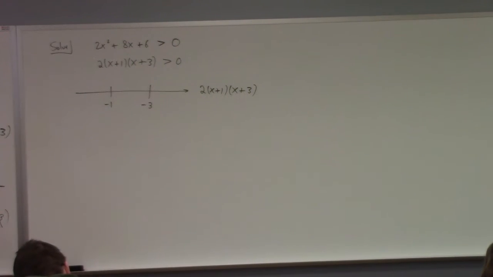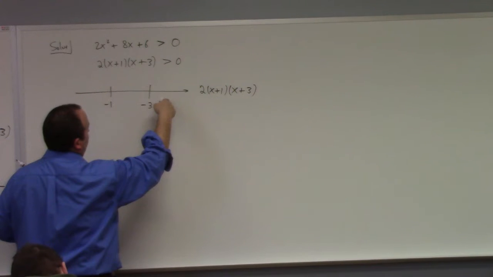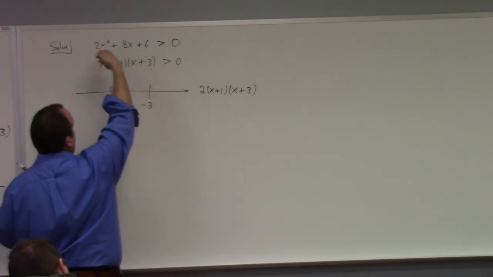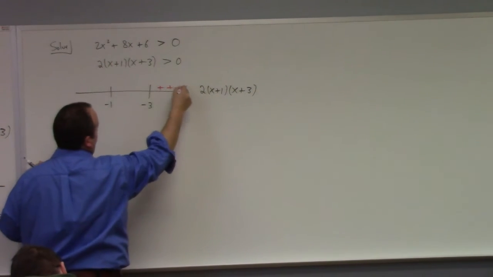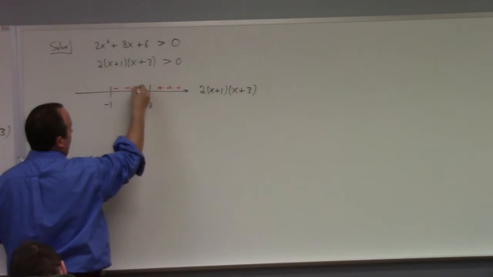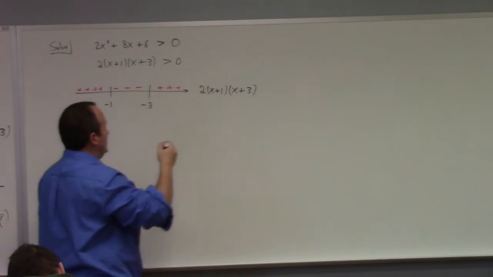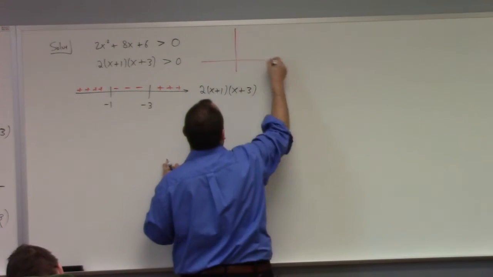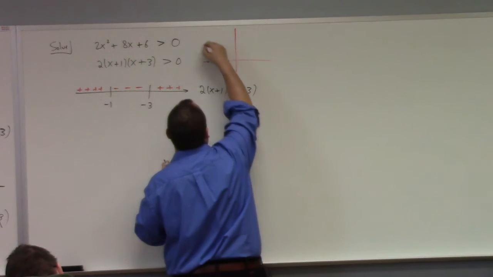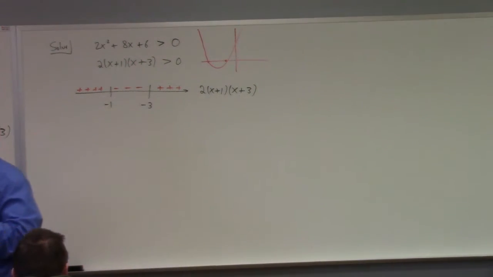And great, so if you plug in any sample point over here, for example, 0, you get positive. If I plug in anything between -1 and -3, I get negative. And over here, I get positive again, right? None of this is surprising because, of course, the graph of this function is this. So it's negative between the x-intercepts, and it's positive to the side.